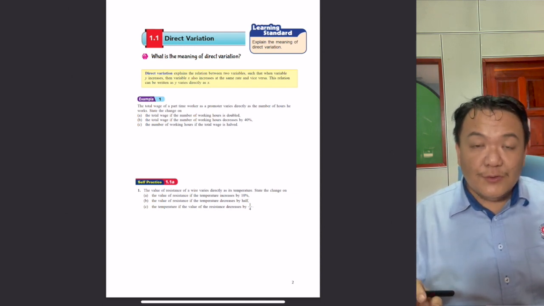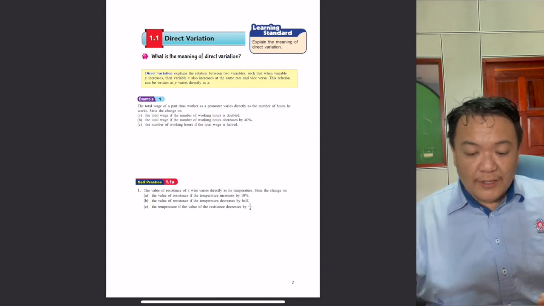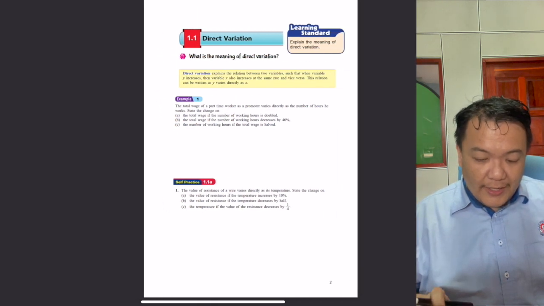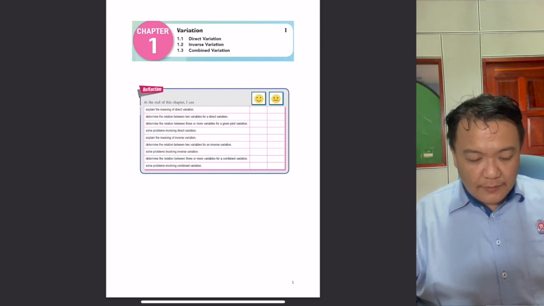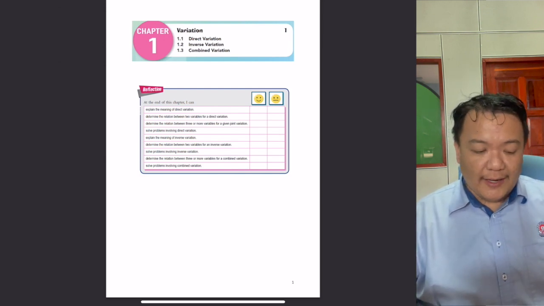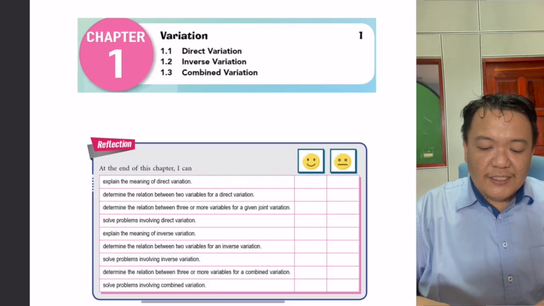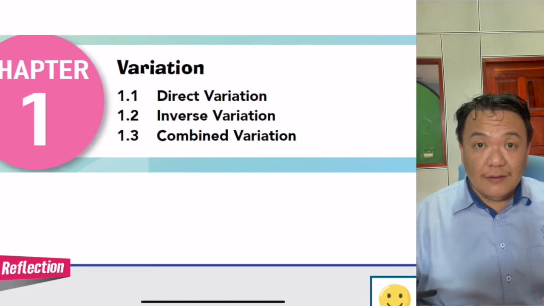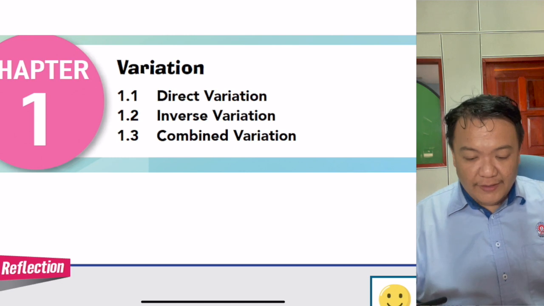So for today's class, we're going to look into a new chapter, which is chapter 1, variation. I hope you already downloaded your textbook and your module, so we can do it together for today's class. So in this chapter, basically you will learn about three types of variation: direct variation, inverse variation, and combined variation.